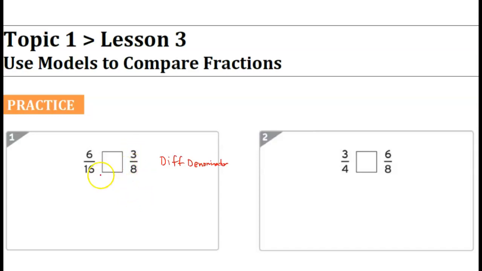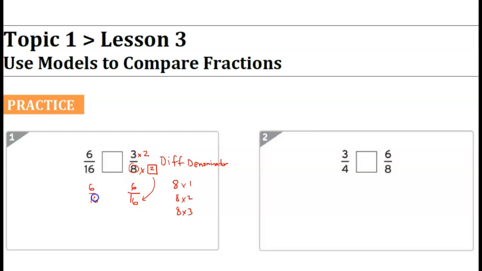So by changing this 1/8 fraction into a 16th, 8 times what makes 16? 8 times 1, 8 times 2, or 8 times 3? 8 times 2, which means 3 times 2 would be 6.